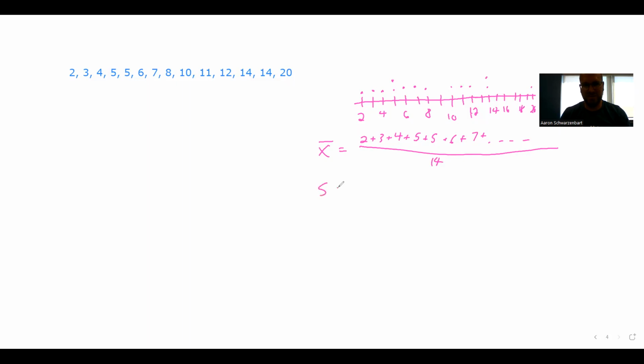I'm also going to be interested in the standard deviation.